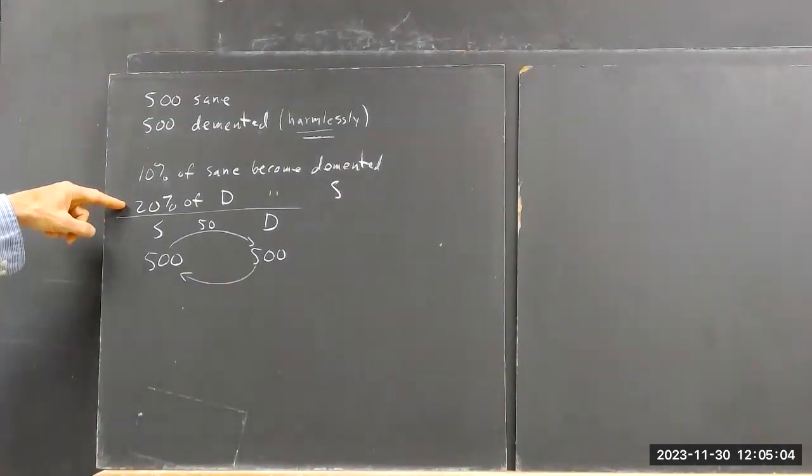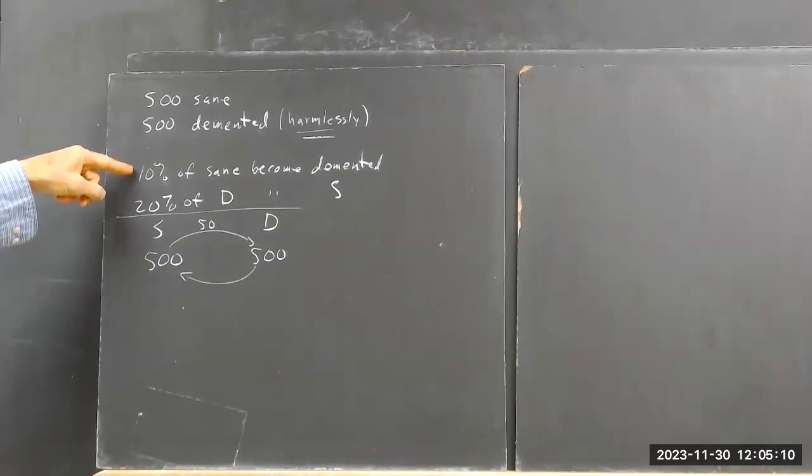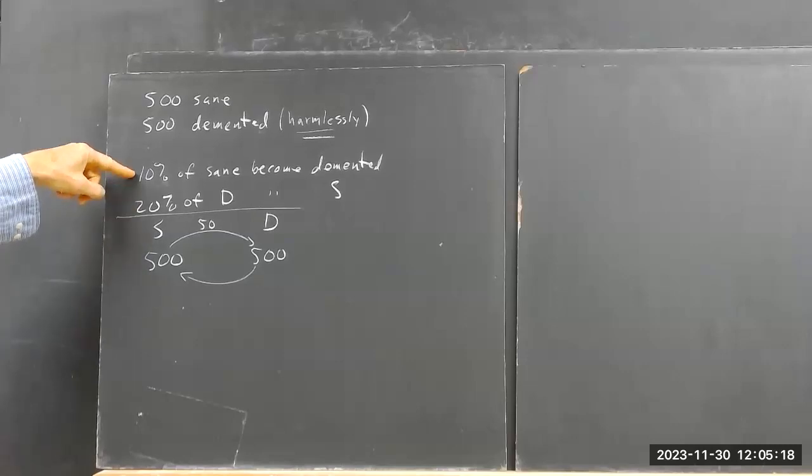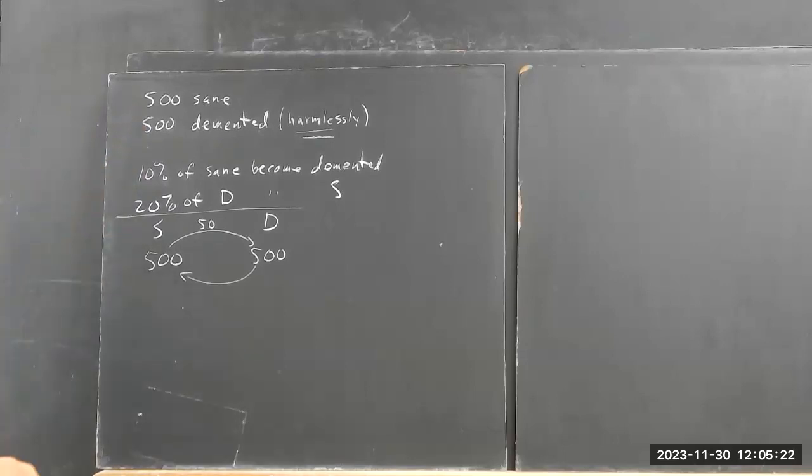It's 20% of 500. What's 20% of 500? Give you a hint. It's twice as big as 10% of 500. 20% is twice as big as 10%, right? So 10% of 500 is 50. What's 20% of 500? Yeah, it's 100.